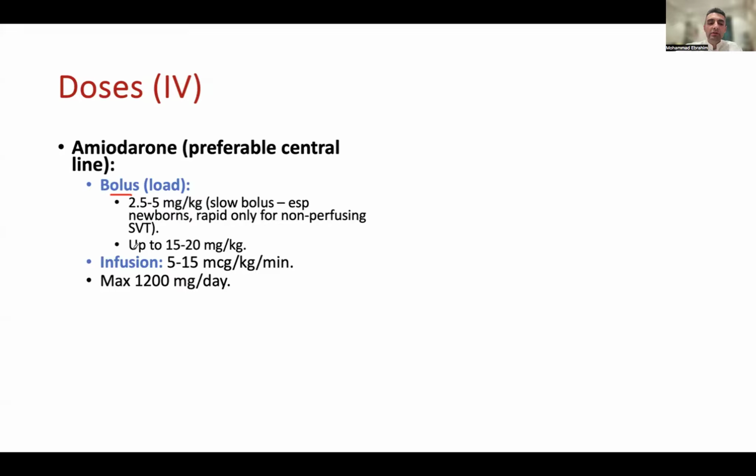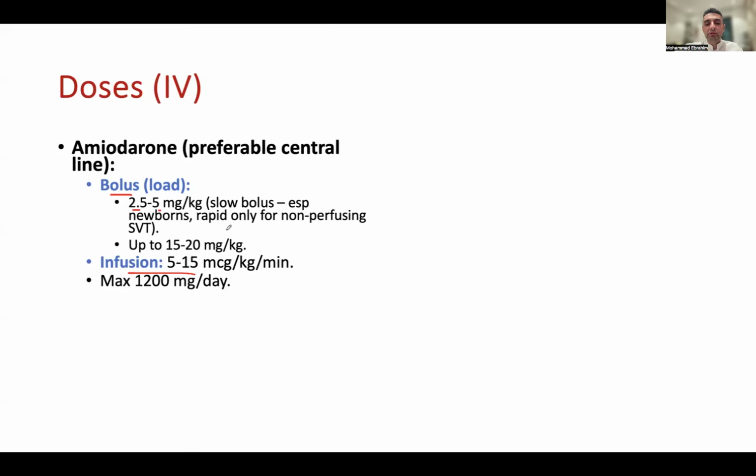So I usually start with an infusion. But if the patient is not a newborn, I may bolus 2.5 to 5 per kilo slowly, roughly over 20 minutes or so.